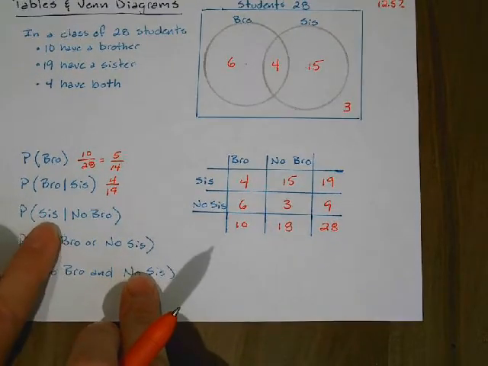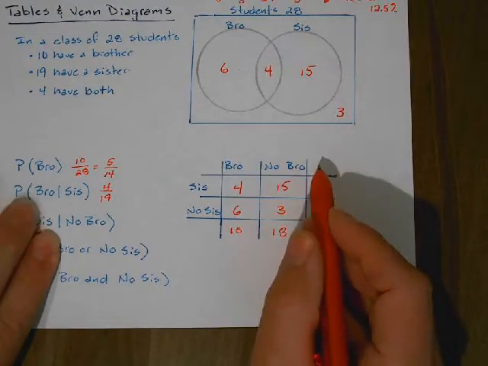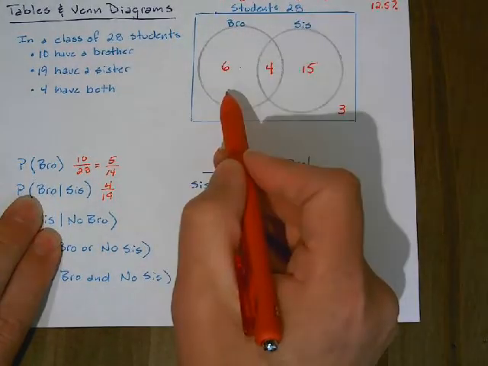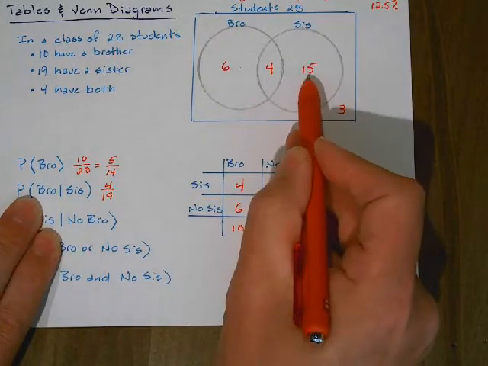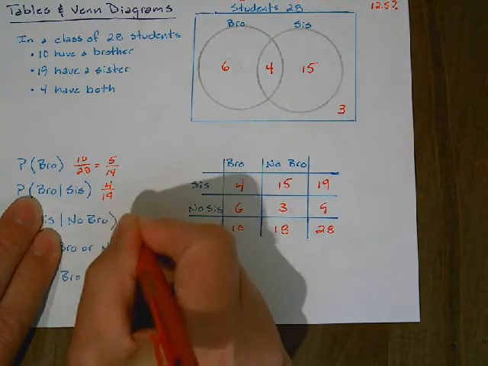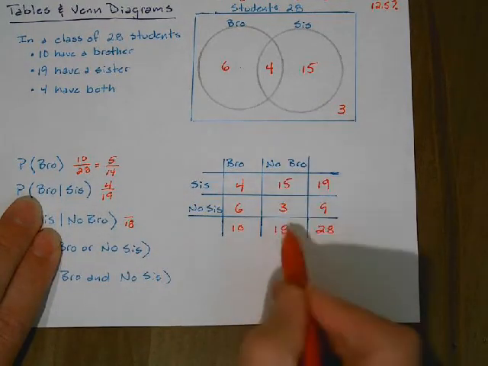Okay, what's the probability of finding somebody who has a sister given that they don't have a brother? So we're only looking at the ones who don't have a brother. So over here, if I'm looking at this one, the ones that don't have a brother are this 15 and this 3. So there's 18 that don't have a brother. On the two-way table, we can see that same number here, no brother, 18.